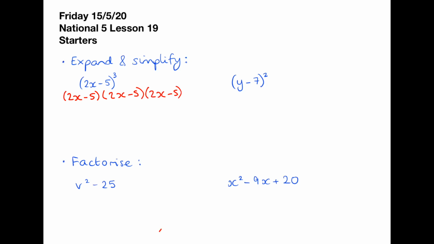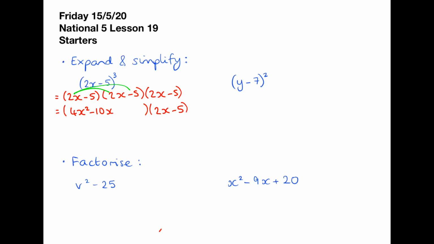So we've got quite a lot of multiplying to do here. First bit, we're going to multiply the first 2 brackets together and then multiply by the third one. So that's going to give us, and I'll just do it by drawing on, 2x times 2x gives us 4x squared. Then 2x times negative 5 gives us negative 10x.